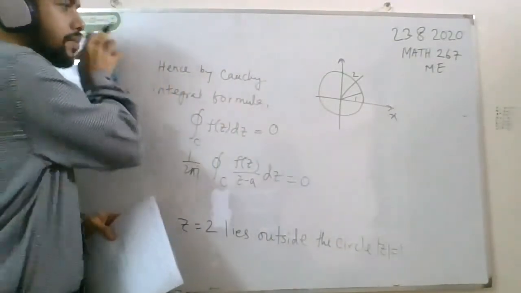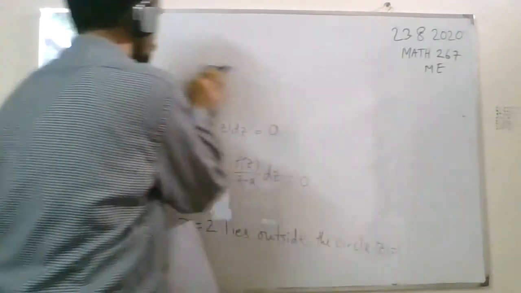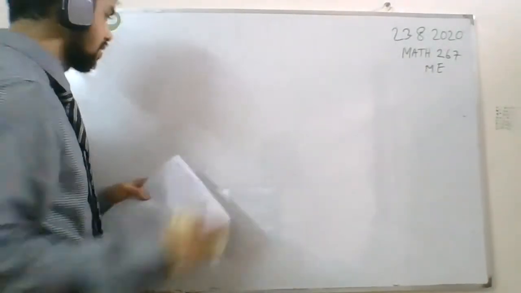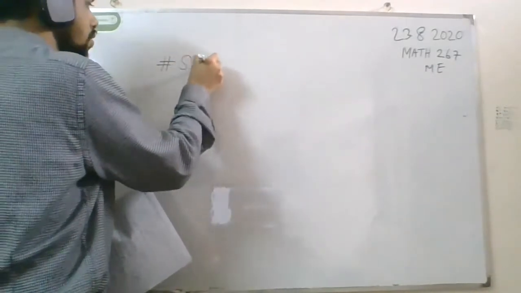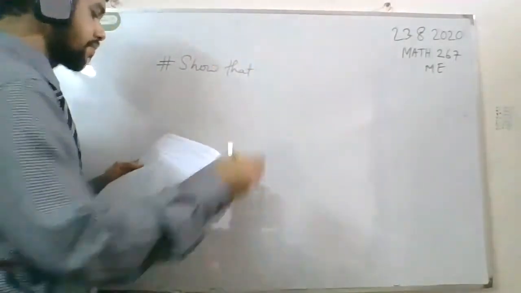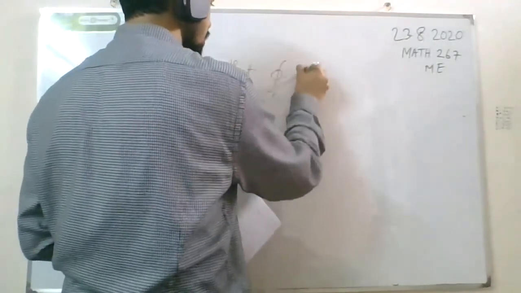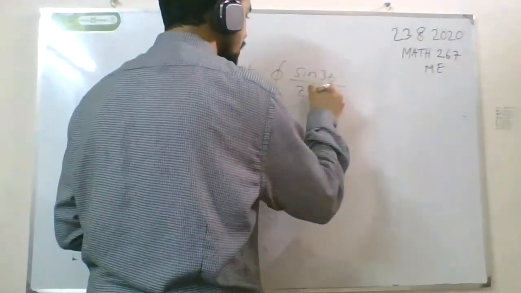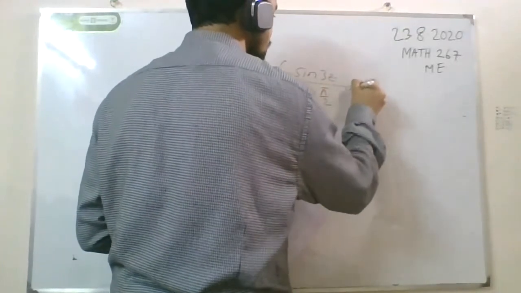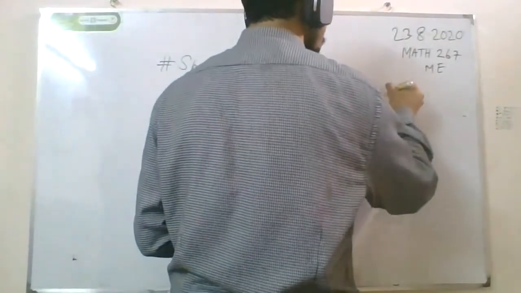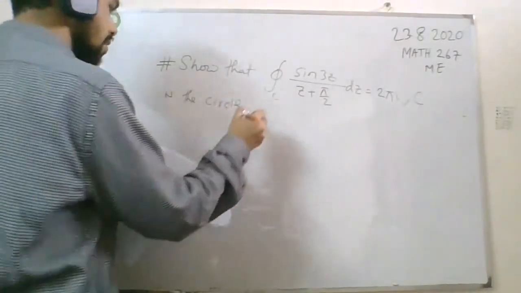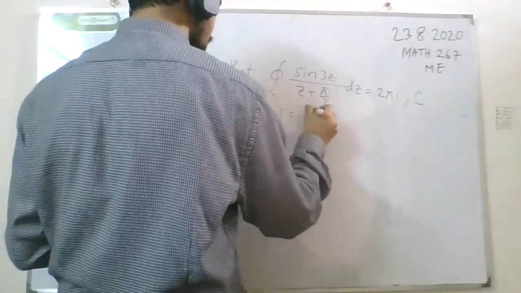Now just tell me the answer for this problem, which is: show that the integral over c of sin 3z divided by z plus pi by 2 dz equals 2 pi i, where c is the circle |z| equals 5.